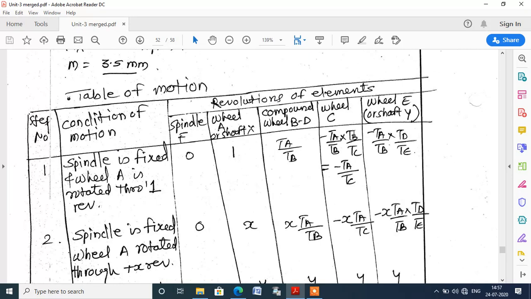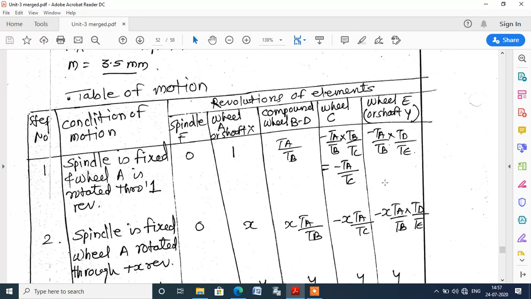Then it is meshing with C, so it is minus TA by TB into TB by TC. So TB, TB get cancelled, it is minus TA by TC. Then for E it is minus TA by TB into TD by TE.